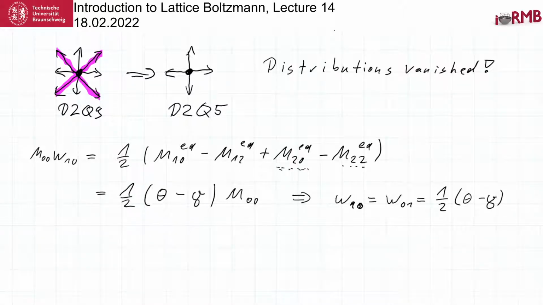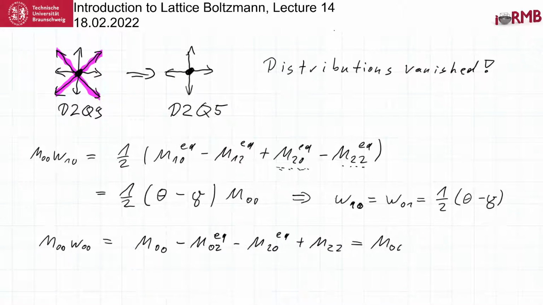Okay, only one left, namely W00, the resting channel that we put here in the middle of the lattice. This is M00 minus M02 equilibrium minus M20 equilibrium plus M22, and this is M00 times 1 minus 2 theta plus gamma.